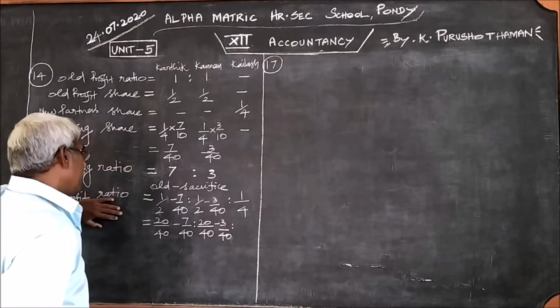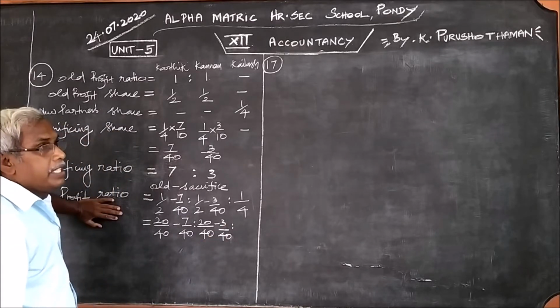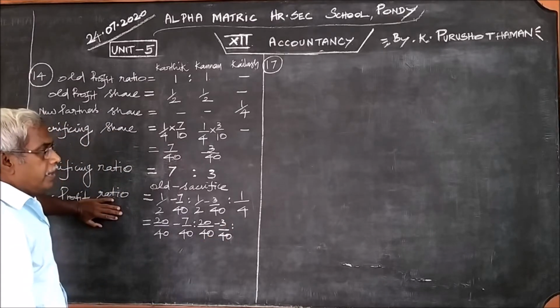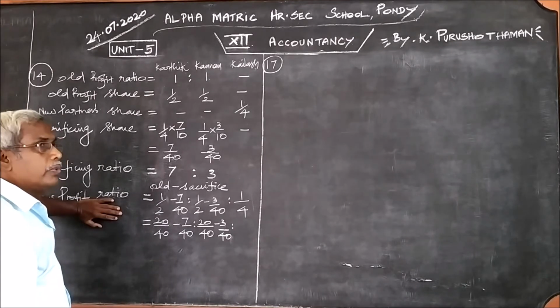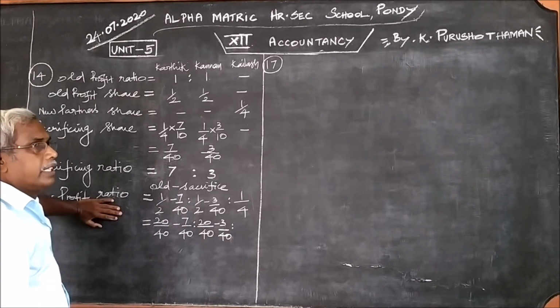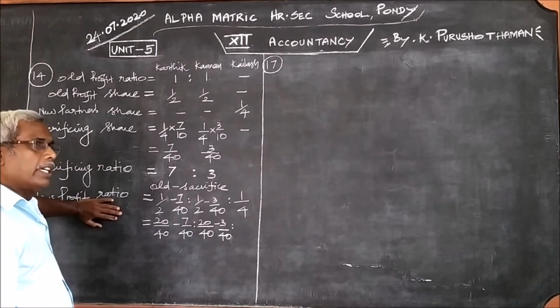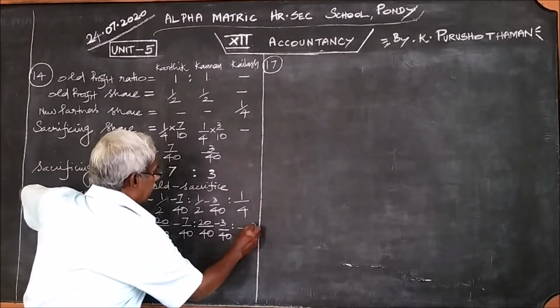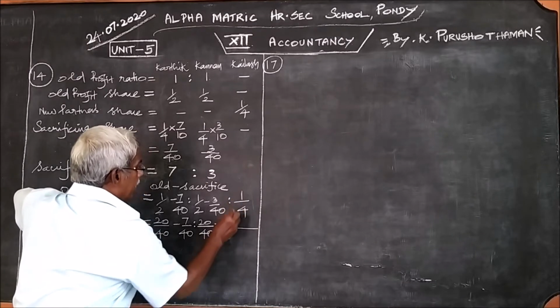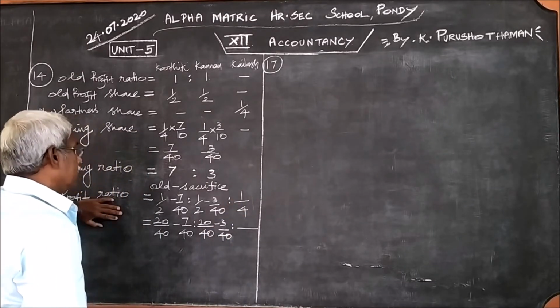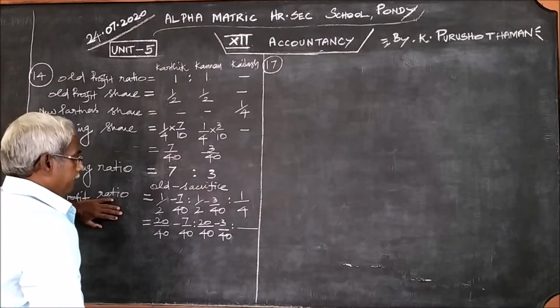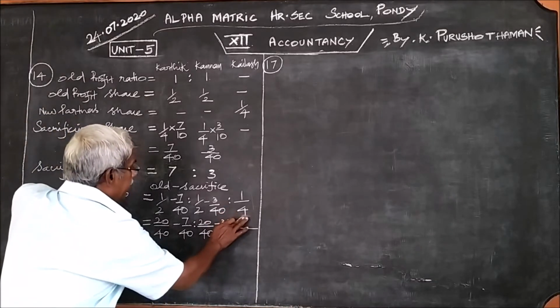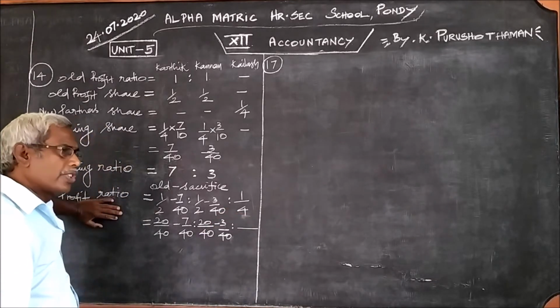For the comparison purpose, if all the denominators are equal, we can write just the numerator in the form of the ratio. So in that case, you multiply both numerator and denominator by 10 to bring it into 40. Why not by some other numbers?